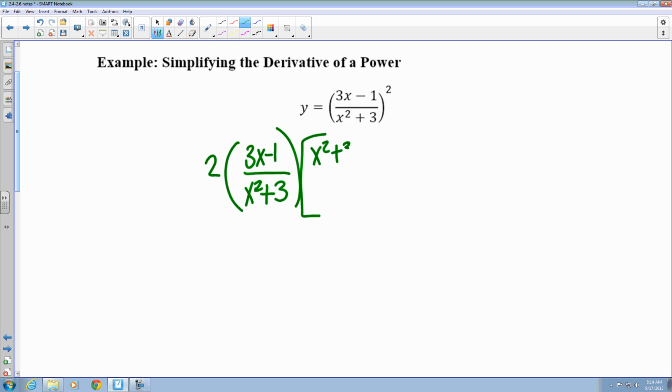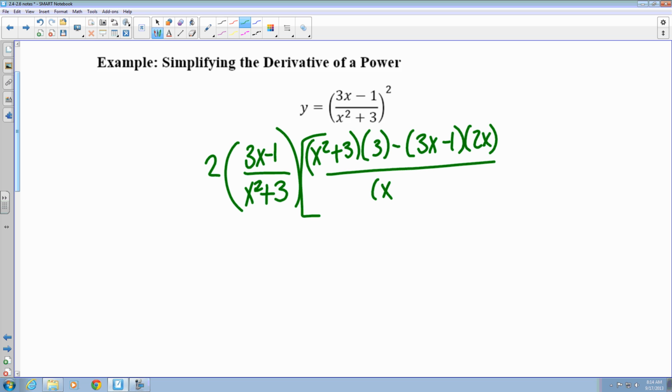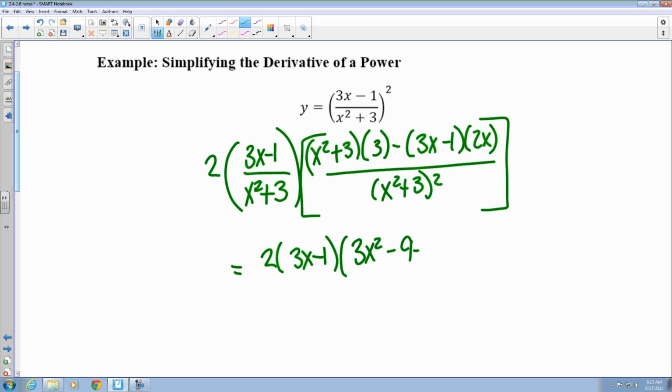g f prime minus f g prime over g squared. Multiply through. And this step here, I have simplified the top of our quotient rule to get 3x squared minus 9 minus 6x squared plus 2x.